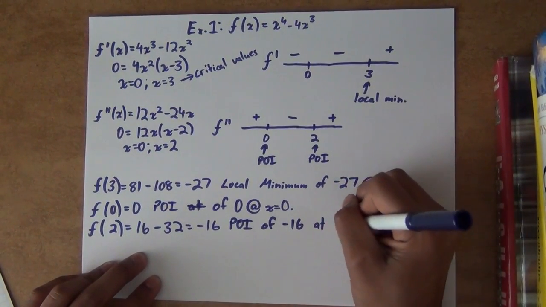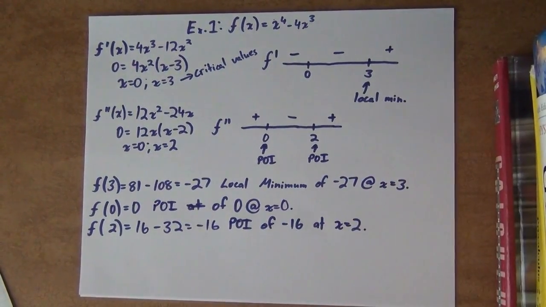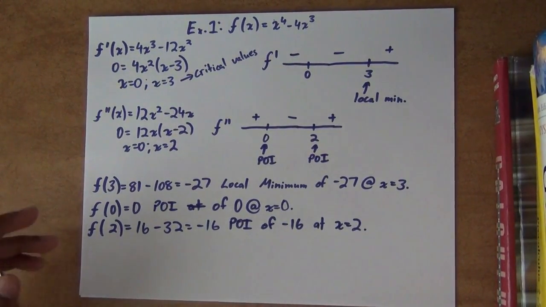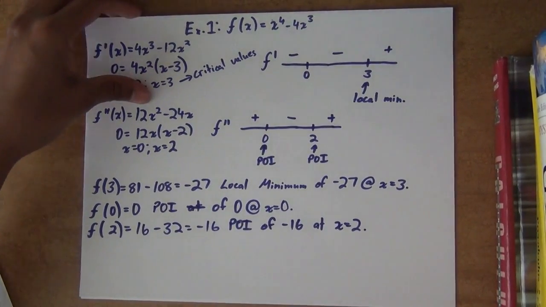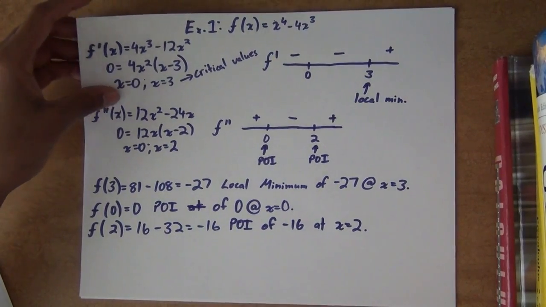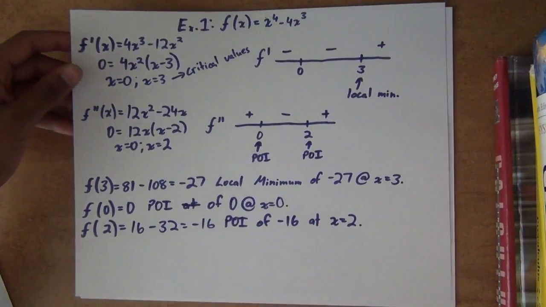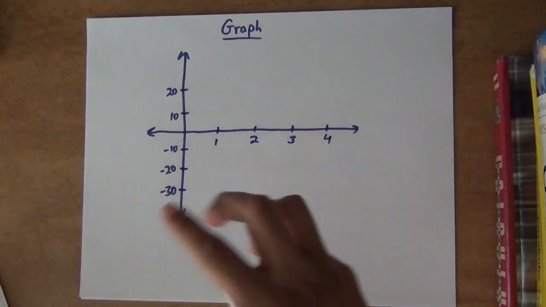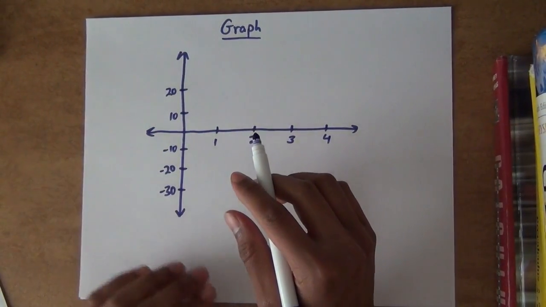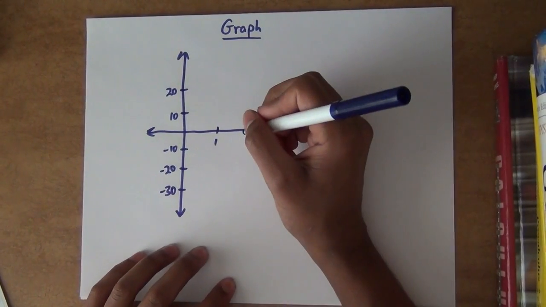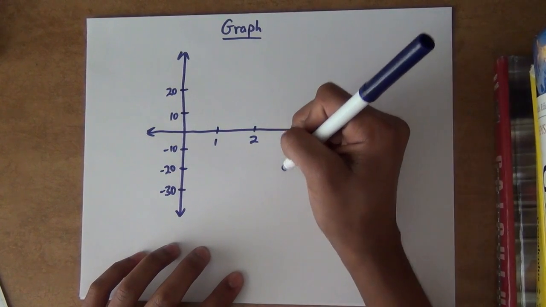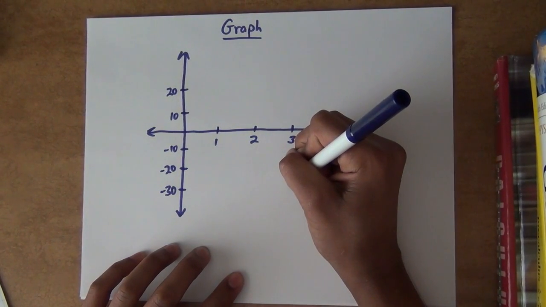at x equals 2. Okay, so we have all of our values here, and so we use these values to graph. So write this down if you need to. I'm going to sketch a graph of it on another page. Okay, so we had our local min of x equals 3 and y equals negative 27, so that's about right there.